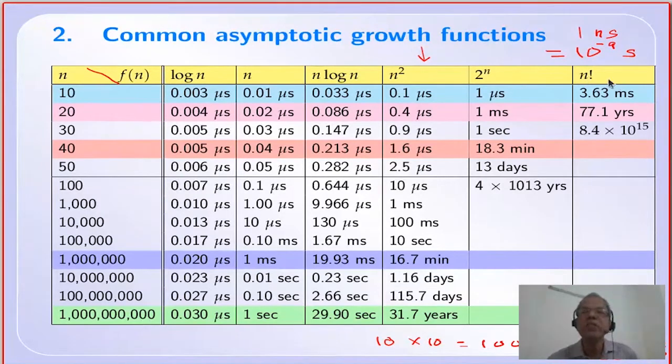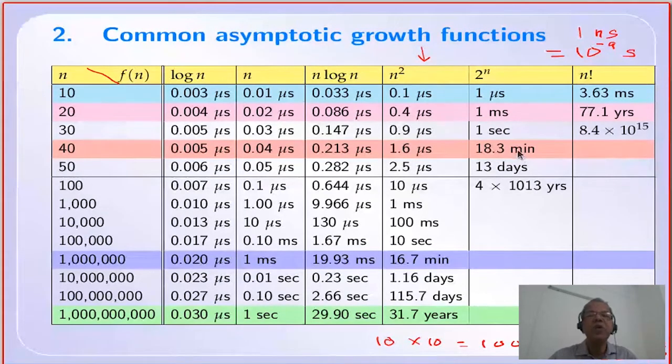How about 2 power n? It is an exponent. Therefore, this is called exponential running time. If an algorithm has a running time 2 power n, where n is the input size, how about this? Up to an input size of 40. Even for an input size of 40, an exponential running time algorithm is useless. 18.3 minutes. Suppose there are 40 vertices in a graph and we want to do some operation on the graph, and the algorithm will take 18 minutes to execute.